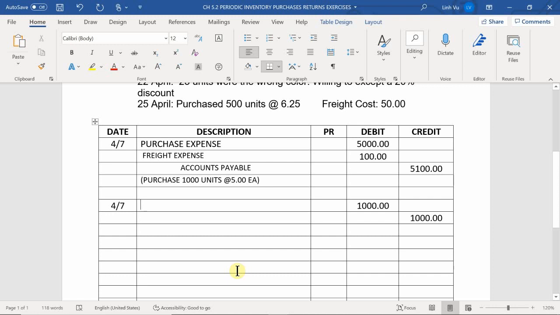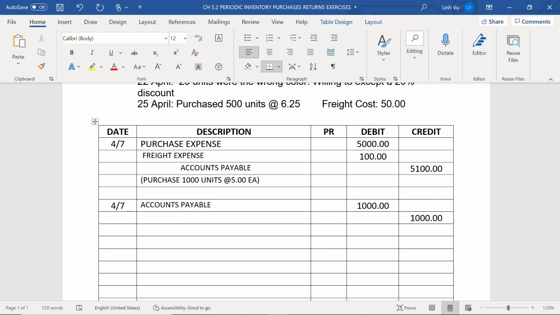Accounts payable. We're going to reduce our accounts payable. And what is my contra account going to be? Would that just be the refund for wrong size or damage?